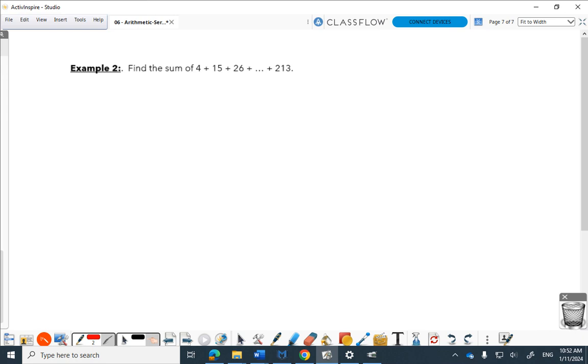4, 15, 26, 213. How many terms is there? We don't know. Yeah, no, that's a problem. That's the one I was just talking about a minute ago. First, I need to know, what term is this? So this question has two phases.